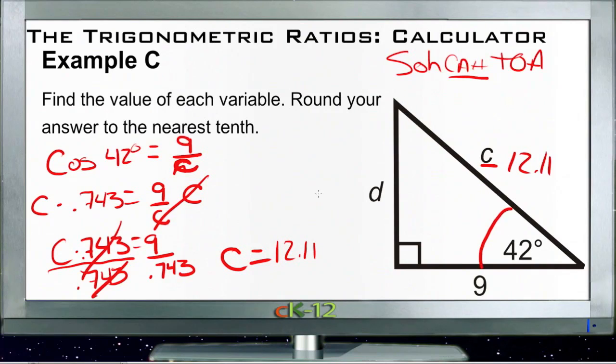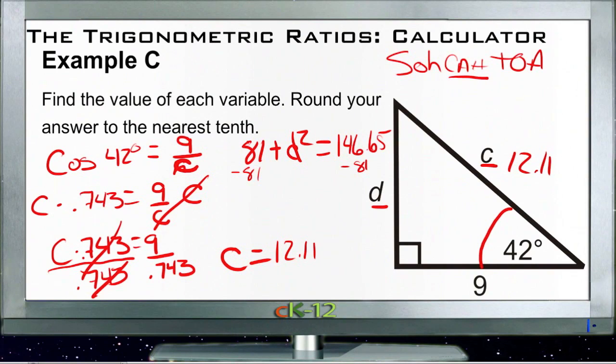So now let's use Pythagorean theorem to find the other one. We'll have 9 squared, which is 81, plus d squared, because we're talking about side d here, equals 12.11 squared. 12.11 squared is 146.65. So we're going to subtract 81 from both sides.